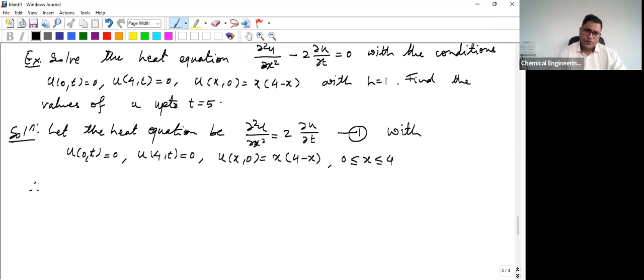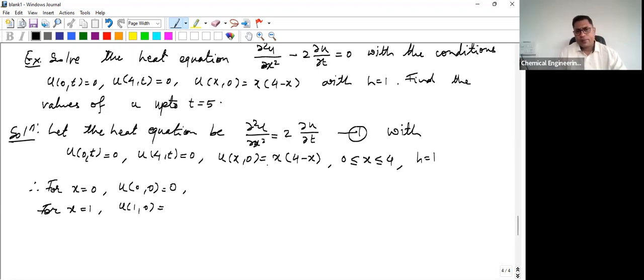So we have for x is equal to 0, u of 0, 0. When I put x is equal to 0, then this will be 0. So for x is equal to 1, here h is given to be 1. So u of 1, 0. If I put x is equal to 1, this is going to be 3. For x is equal to 2, u of 2, 0.